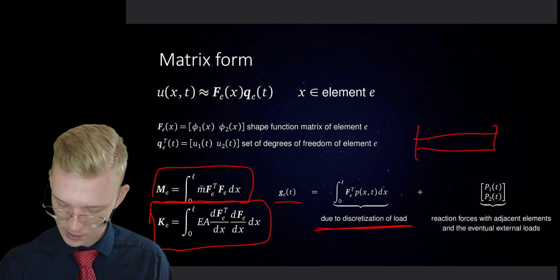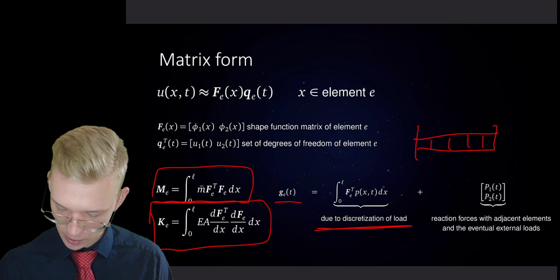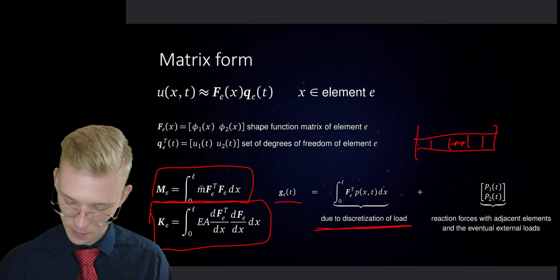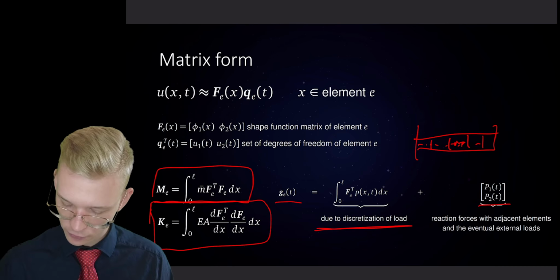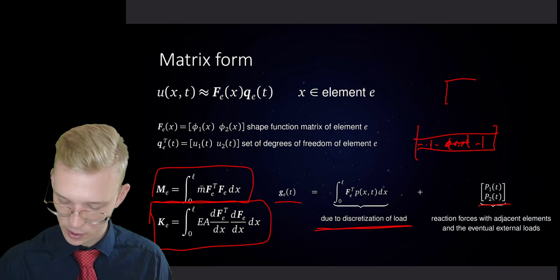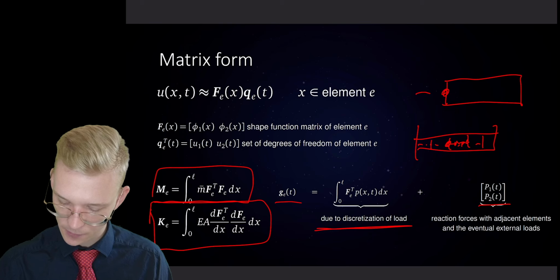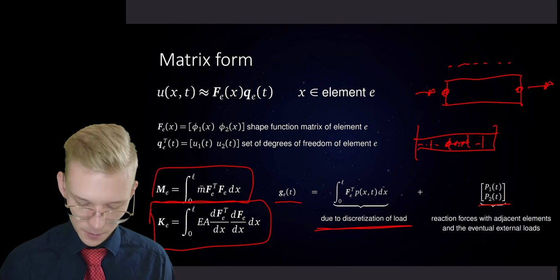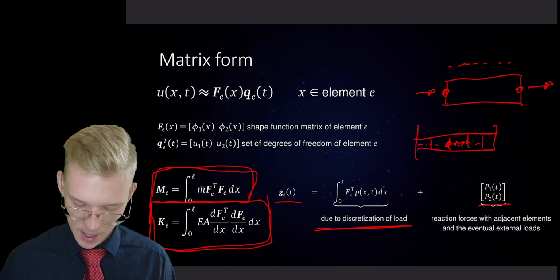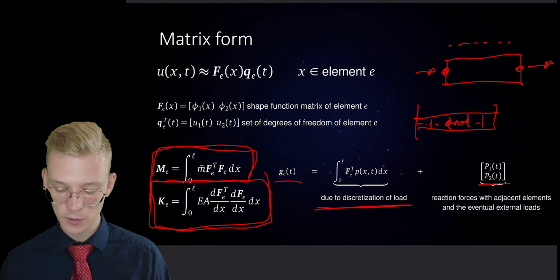If we have a system, and these are our elements, the whole bar can have a load across the length, and reaction forces at the end. So if we look at just one element, we have some force here from the neighbor and some force there, and the distributed load. And now we can get the mass and stiffness matrix.